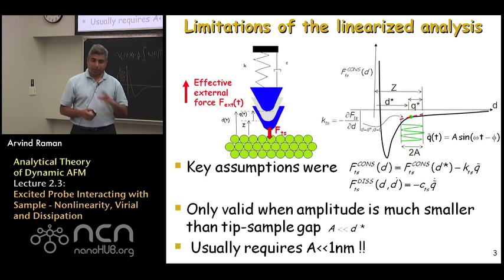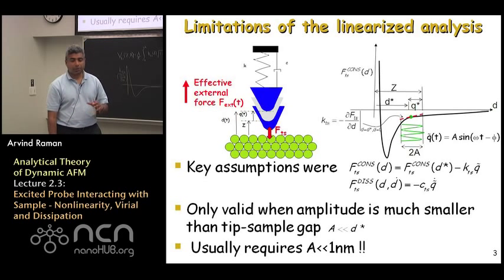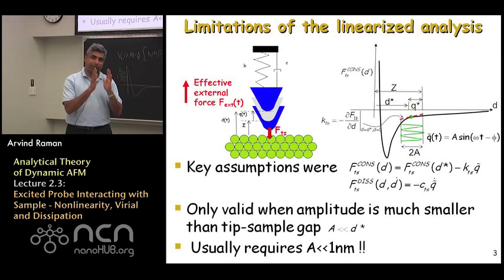What we talked about last time was that when you bring an excited cantilever very close to the sample, there's a bit of a sag of the cantilever. The cantilever bends from its undeflected equilibrium by an amount Q star, and about that Q star there are Q tilde oscillations due to the excitation and the interaction forces.